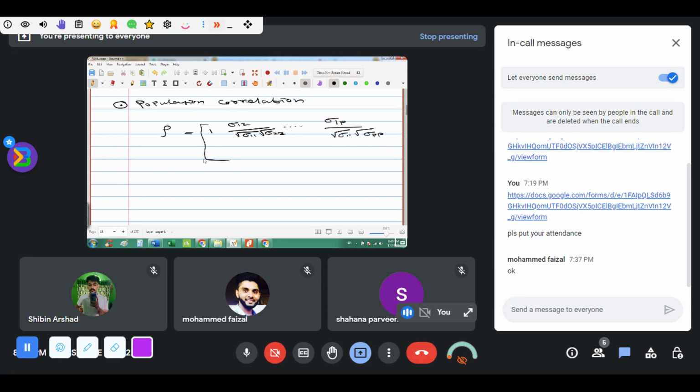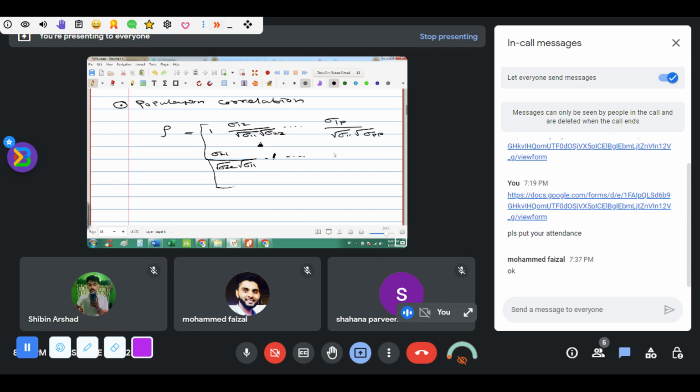What is the second row? Any idea? I gave one clue: diagonal values are 1. Then what is the second row, first column value? Sigma 21 divided by root of sigma 22 into root of sigma 11. The diagonal is also 1 only, and so on.